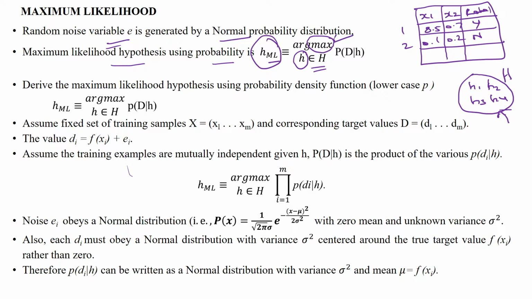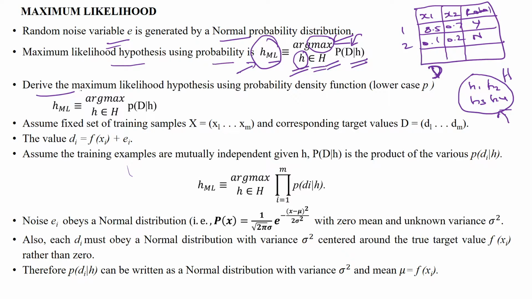That is the maximal value hypothesis from the hypothesis space, which gives the probability of data given hypothesis. From the data set D, whichever hypothesis provides maximum posterior probability with minimum error is called the maximum likelihood hypothesis.